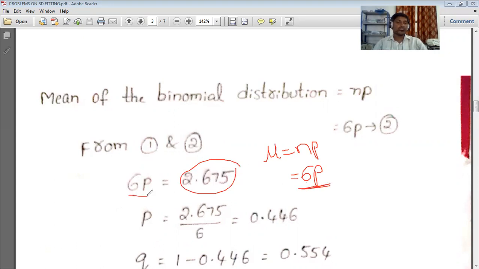We already calculated the actual mean, 2.675, so we equate the two. Then 6p is equal to 2.675. Multiplying on this side becomes dividing on the other, so p is equal to 2.675 by 6. How much did we get?